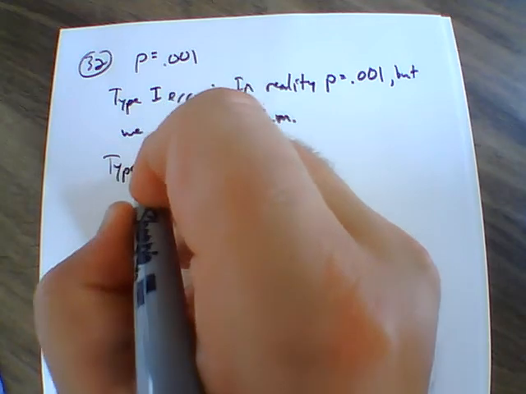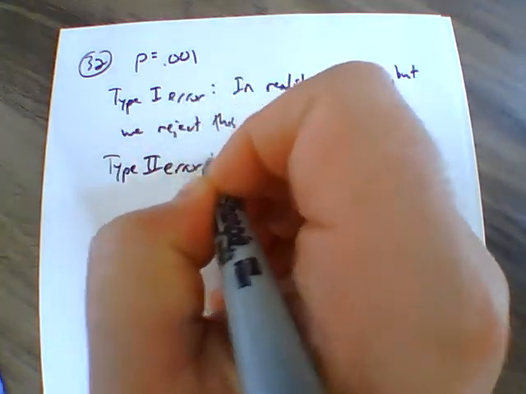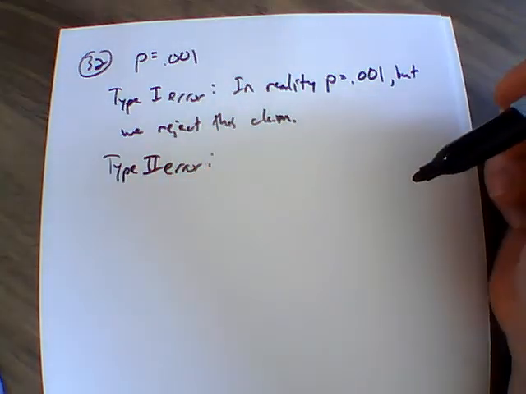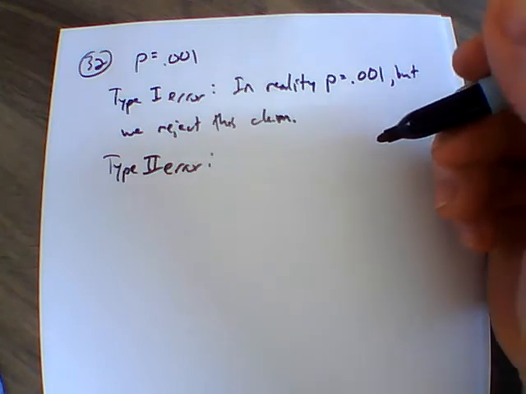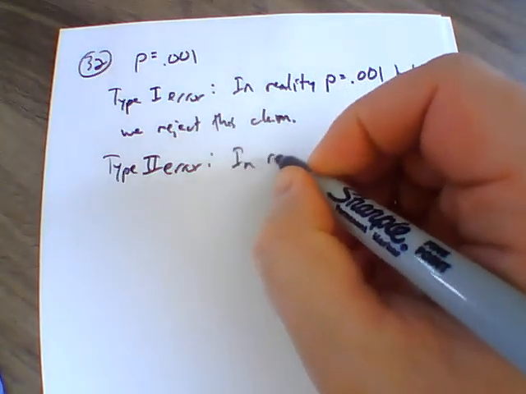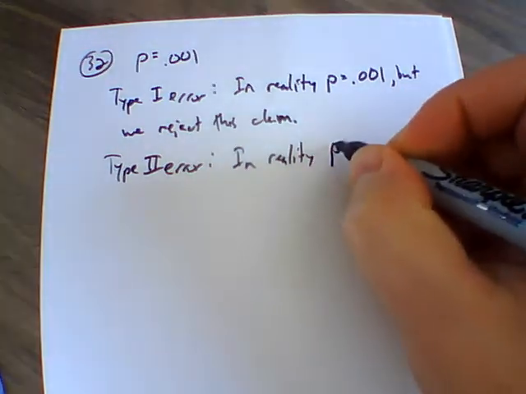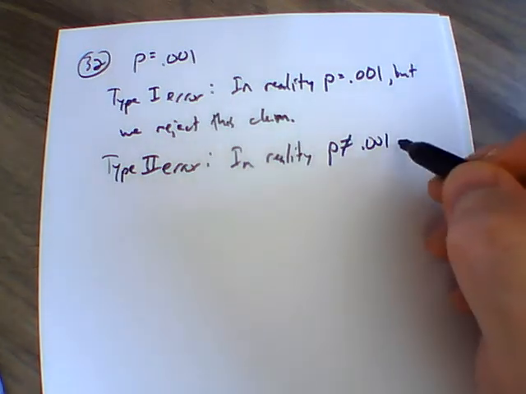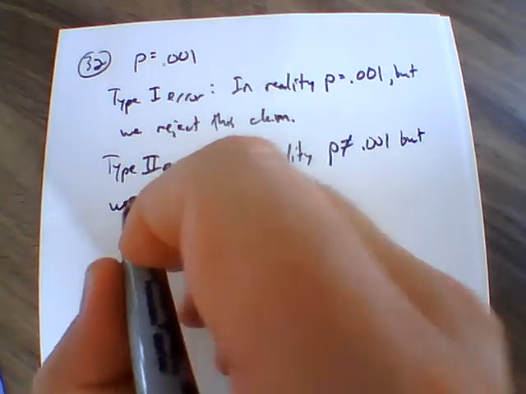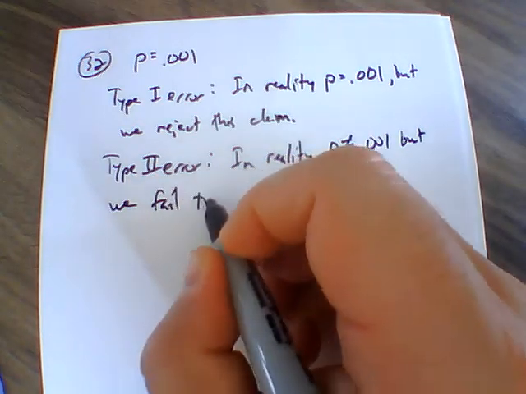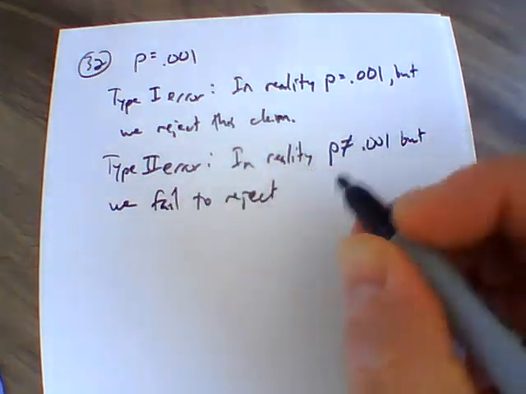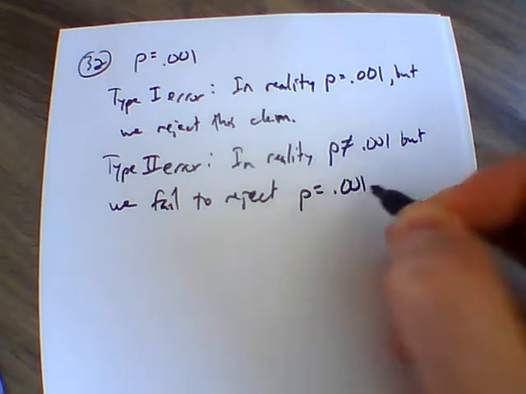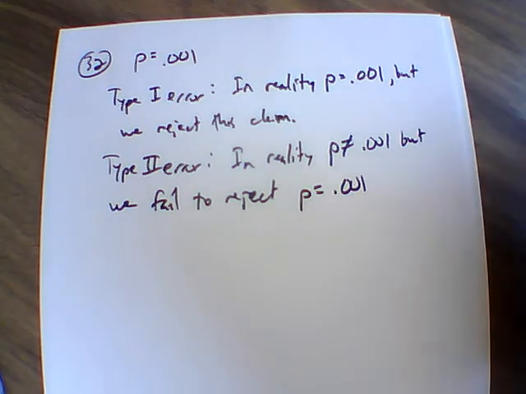An example of type 2 error would be that in reality P does not equal 0.001, but we fail to reject P equals 0.001.